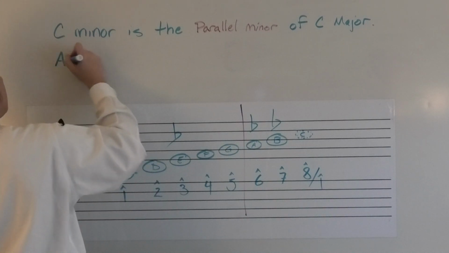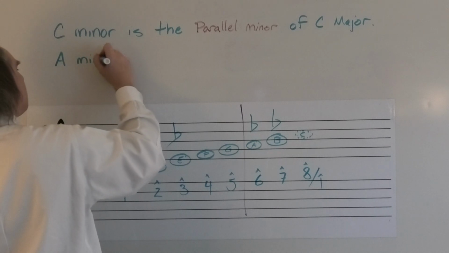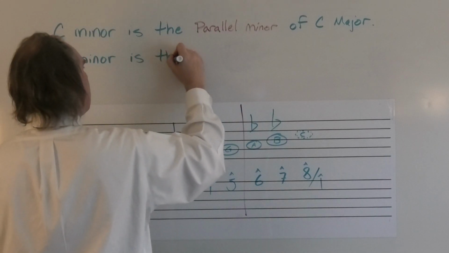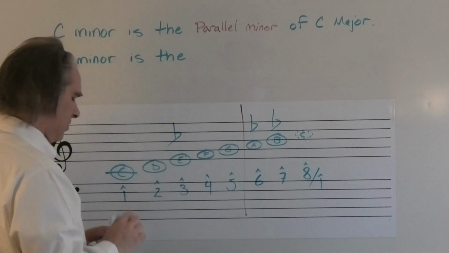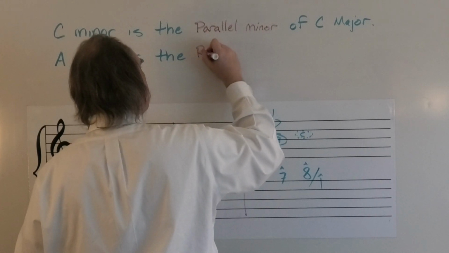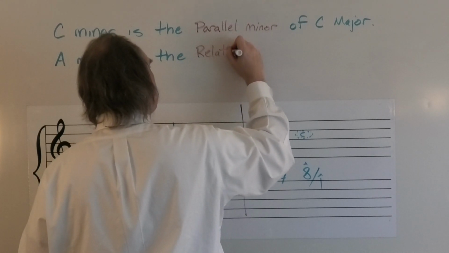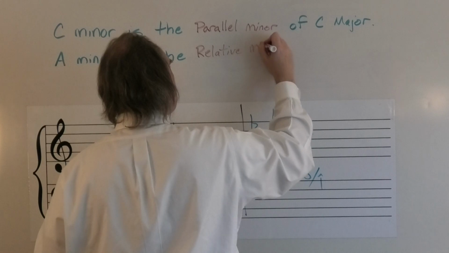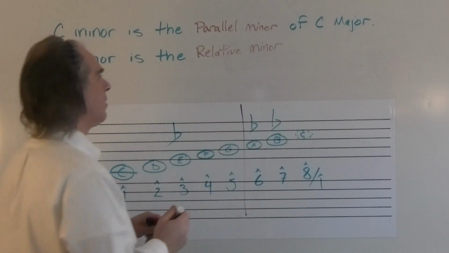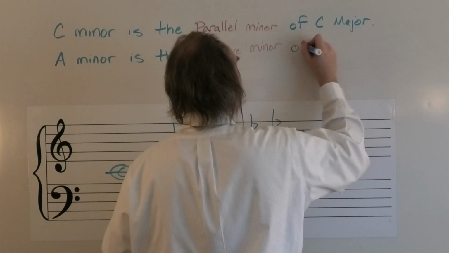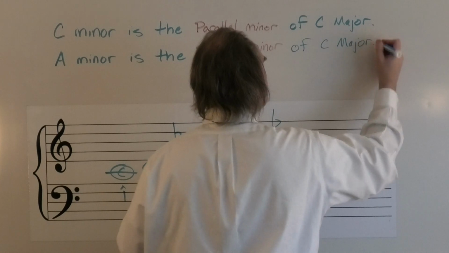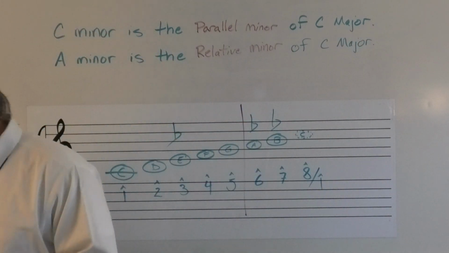You can write it like this. It's kind of a cross-reference. It's another way to say it. A minor is the relative minor of C major.